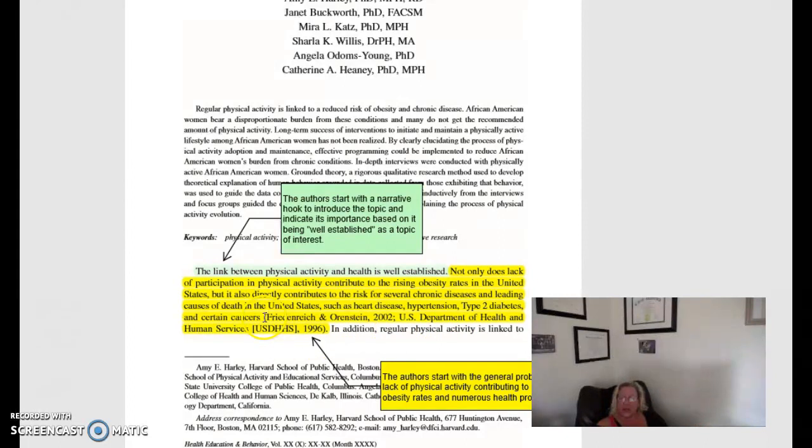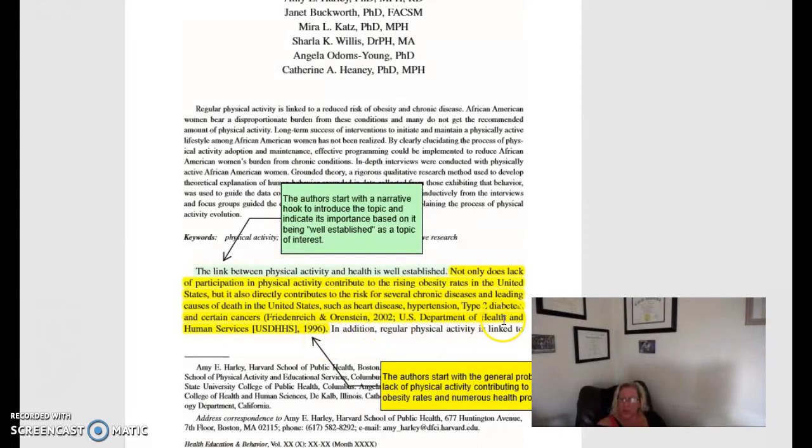And then notice that they provide evidence here. They are citing actual articles, okay? So whenever you say something like something is well established, you need to show the evidence. You need to show, here's how I know it's well established, because Frederick and Orenstein told me that it was, okay?